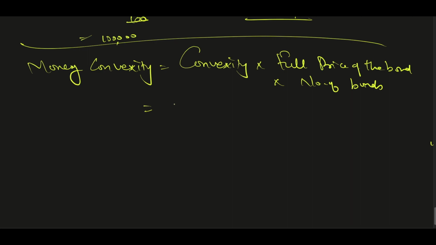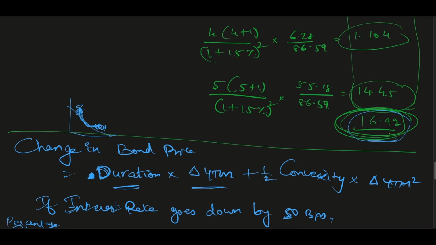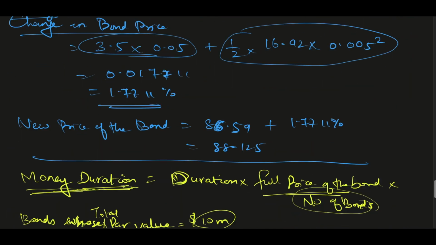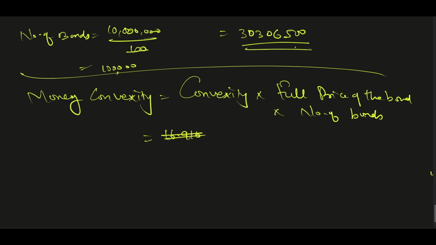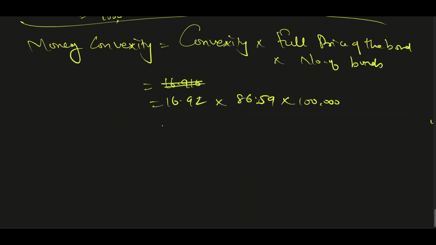Convexity, we know, is 16.916, which we found here, let's say 16.92. So 16.92 into full price 86.59, as mentioned here, into 100,000 bonds.